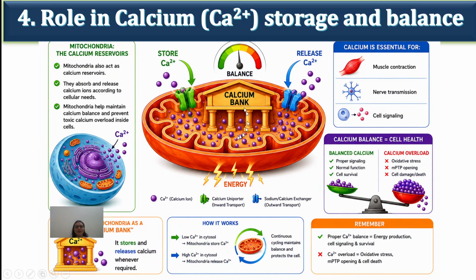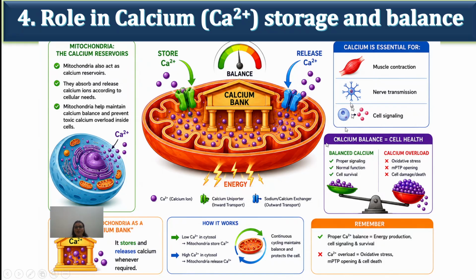Mitochondria act as a calcium reservoir like a bank, or we can say just like a sponge. They absorb and release calcium ions according to cellular need. So we can say that it helps maintain calcium balance and prevent toxic calcium overload inside the cell.